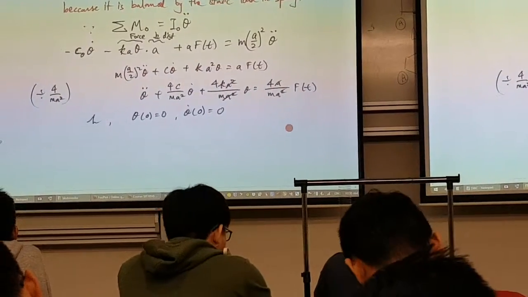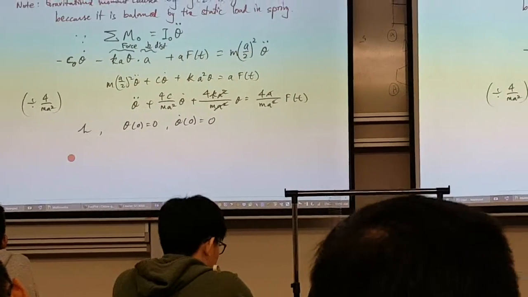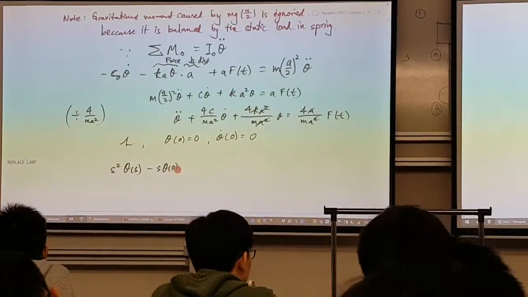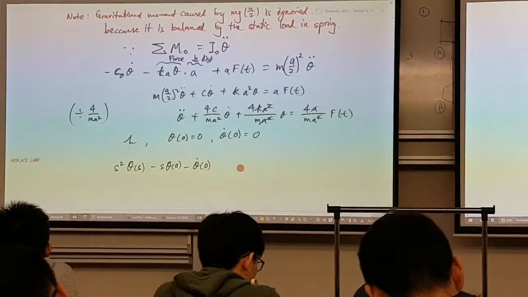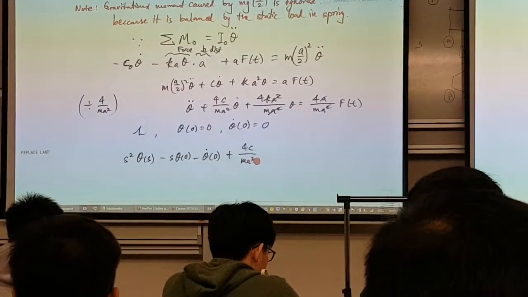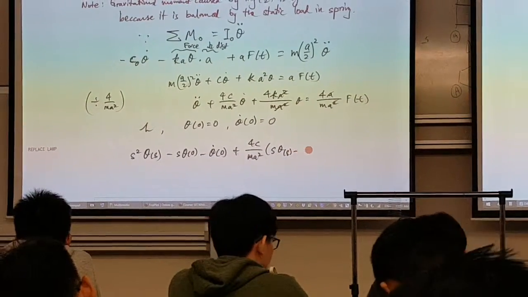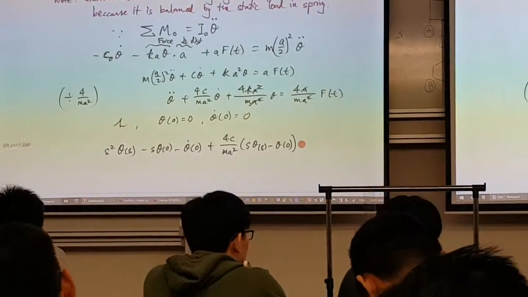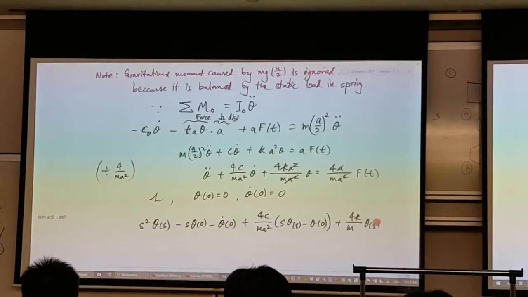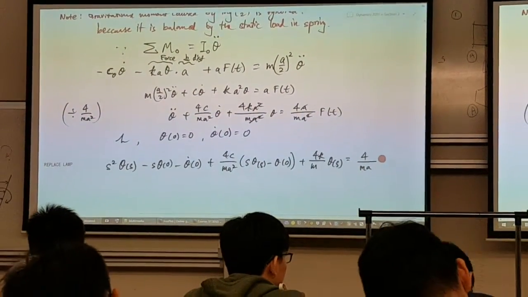So if I were to do that with this expression here, then I'll get the Laplace transform of theta dot dot, that is s squared theta s, minus s theta at time 0, minus theta dot at time 0, plus this part here, that is 4c over ma squared, and then Laplace of theta dot, that is s theta s minus theta at time 0, plus this part here, 4k over m theta s, equal to 4 over ma F s.